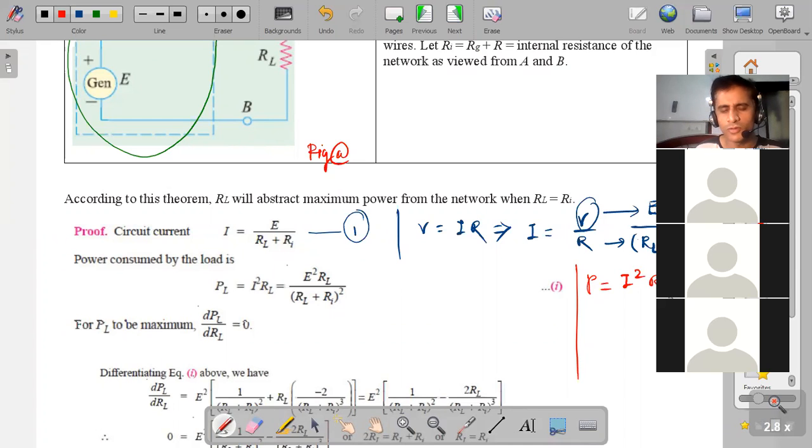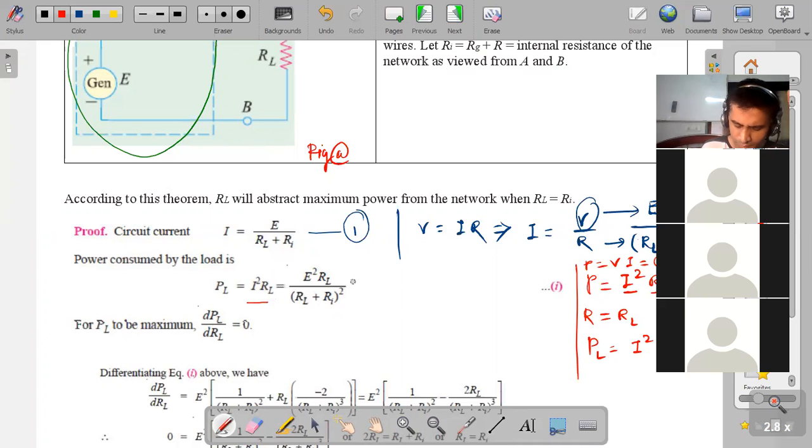P equals VI, but V equals IR, so P equals I square R. But we need power through only the load resistor. Therefore, instead of R, we write RL. Therefore PL is equal to I square RL. Understood, dear student? Therefore, this is the formula.